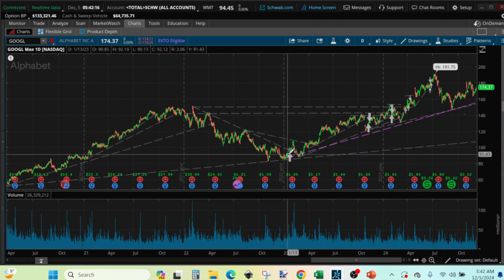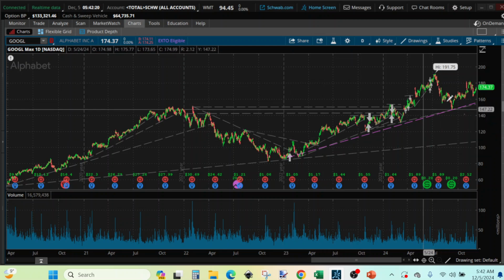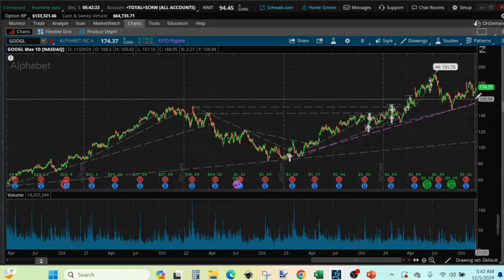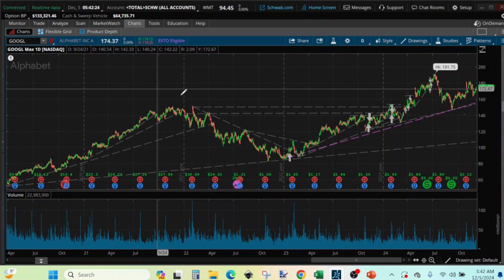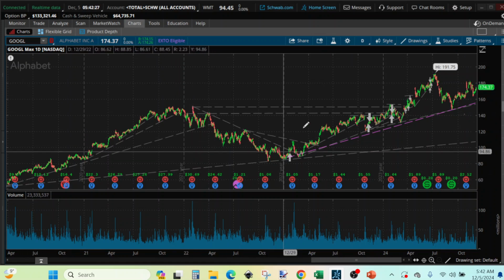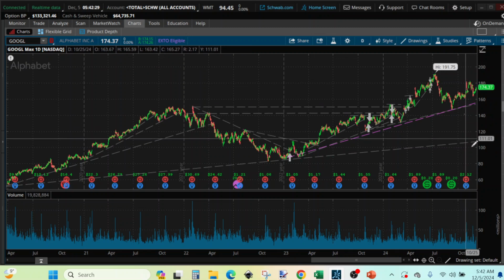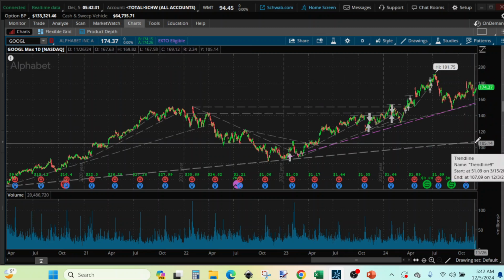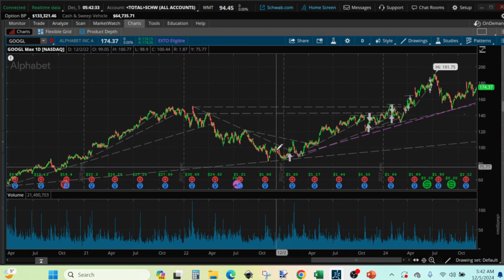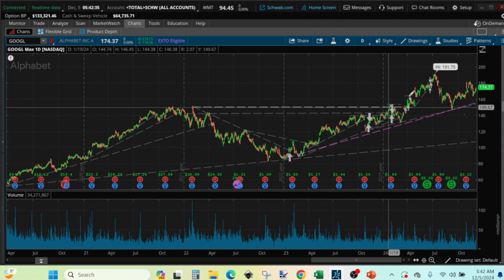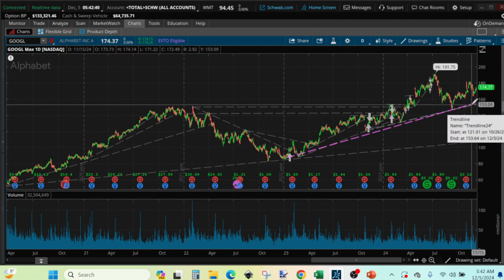It came back to it, but didn't come back to it again. It tends to be following this. But we did have quite a bit of a huge move before it came back to it. So is it a repetition that is going to come back to this one? We don't know, but within a year, it came back to this one multiple times. So we can just wait on it on this line.